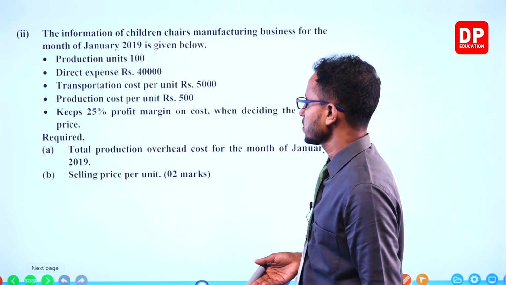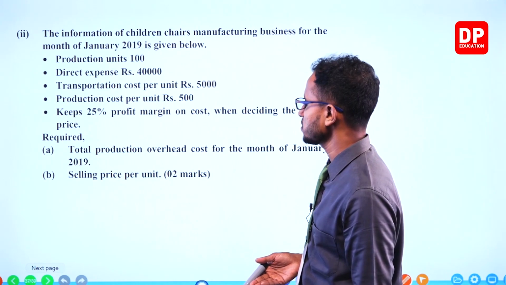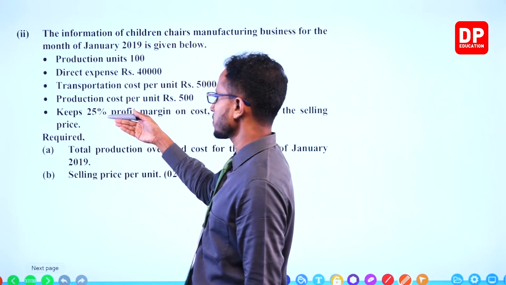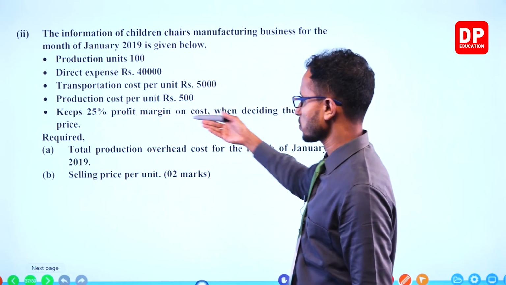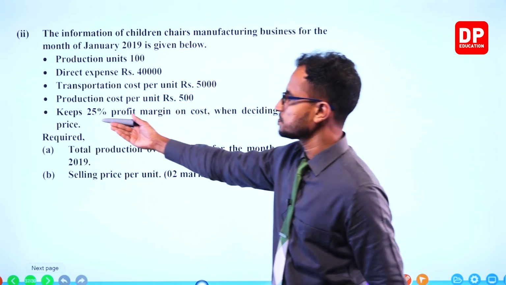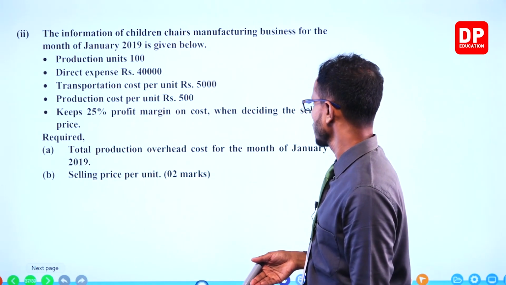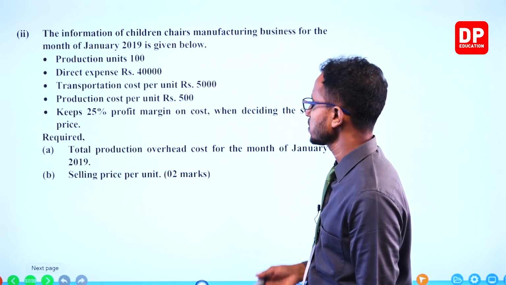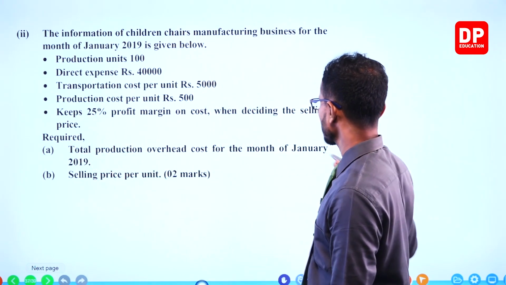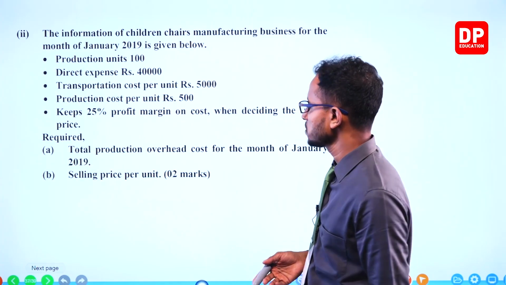Keeps 25% profit margin on cost when deciding the selling price. All right. Total production overhead cost for the month of January.